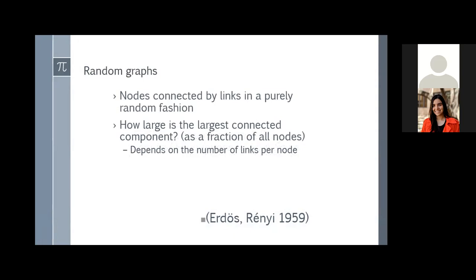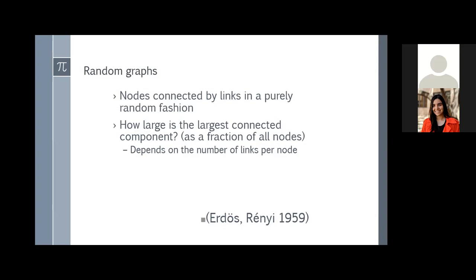Nowadays it's a little bit out of fashion, but a lot of things were understood about structures by studying these random graphs, because many things could be calculated explicitly if you know probabilities of some events.